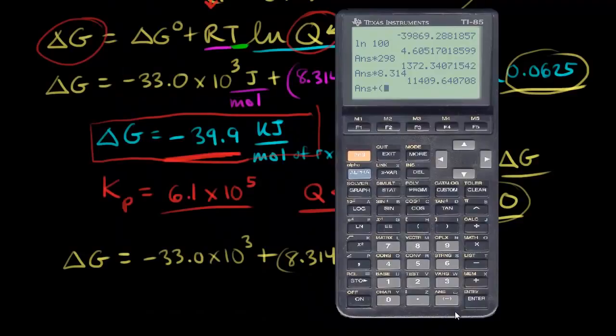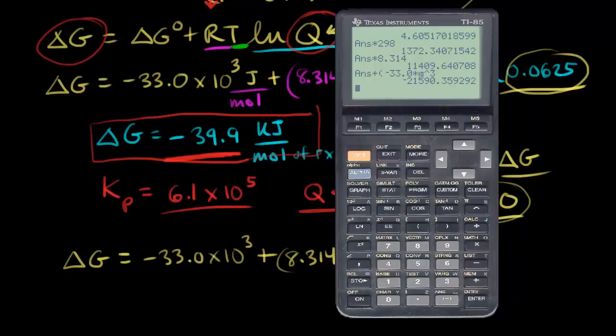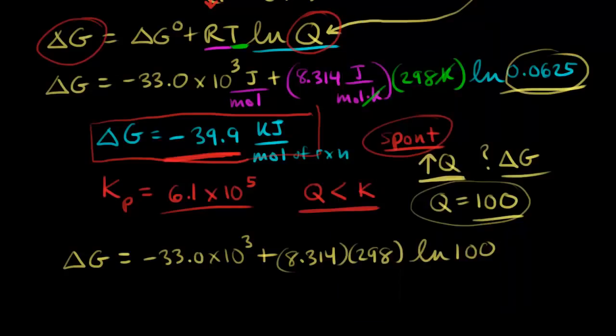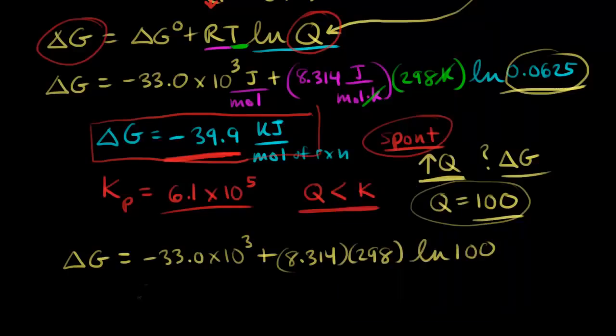Delta G0 is negative 33.0 times 10 to the third. So we get, in kilojoules per mole, negative 21.6 kilojoules per mole. So delta G is equal to negative 21.6 kilojoules per mole of reaction.